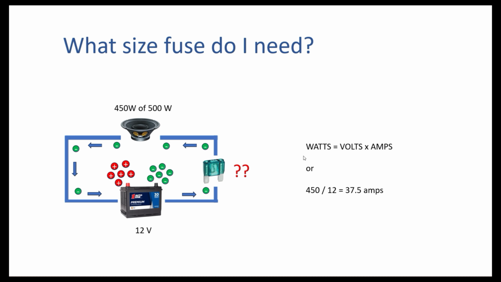So now we've got watts equals volts times amps, which will be 450 divided by 12, which will give us 37.5 amps. Now if we have a 30 amp fuse in the circuit, and we're putting 37.5 amps through it, well, of course, boom, there goes the fuse, right? And here's a good example.